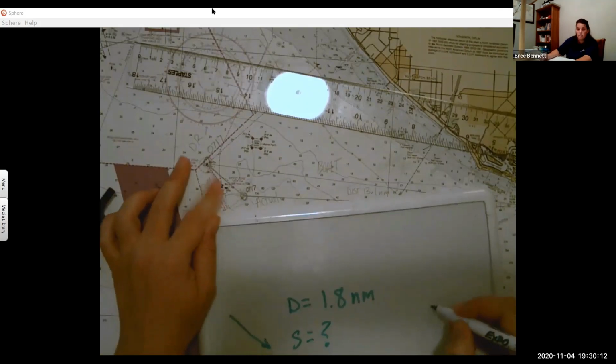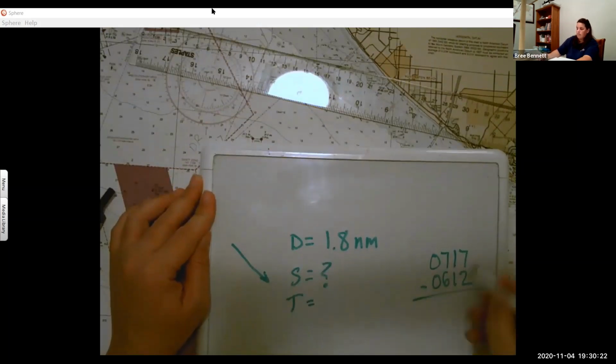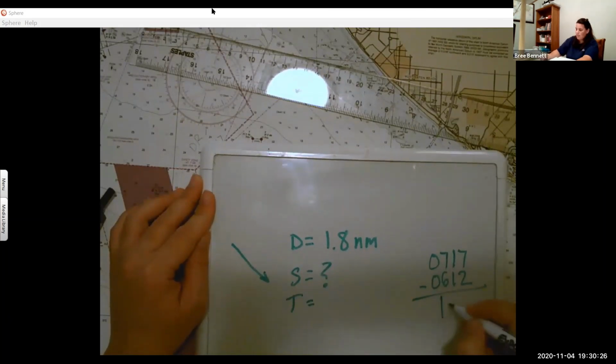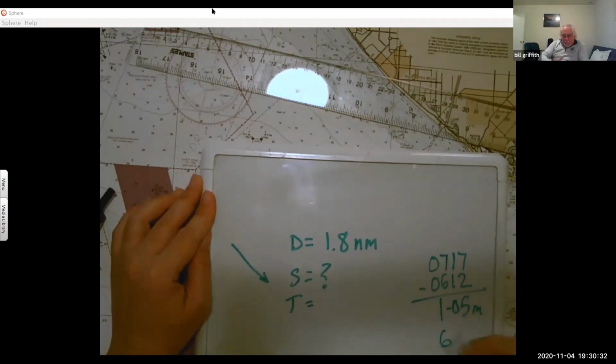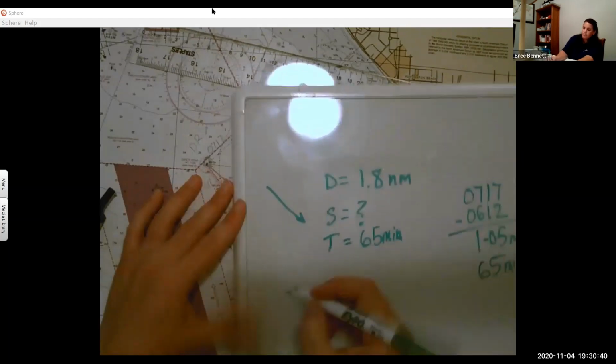So we need to do a little math here. 7:17 minus 6:12. I think we already did this math, right? 1 hour and 5 minutes, which gives us 65 minutes. We plug this back in to our 60 D street.